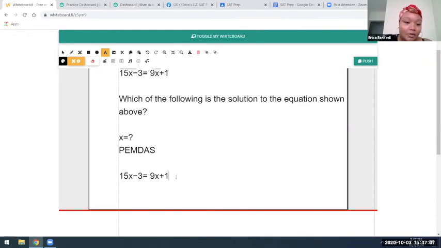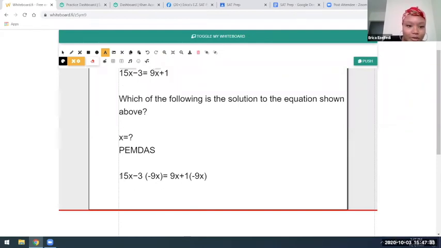Let's start on the right side of the equal sign, because that's where my cursor is at the moment. I'm going to subtract 9x from that side, and then I have to keep it equal, or else I will mess up my answer. So I'm going to do the same thing on the other side.